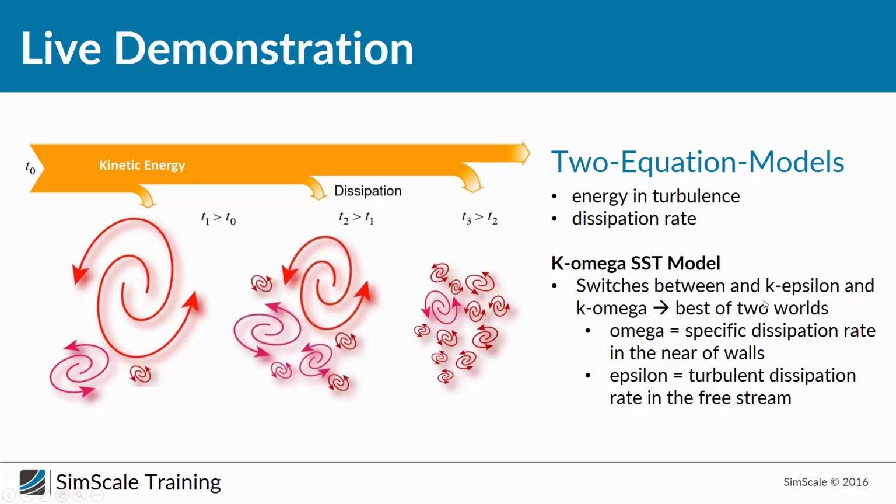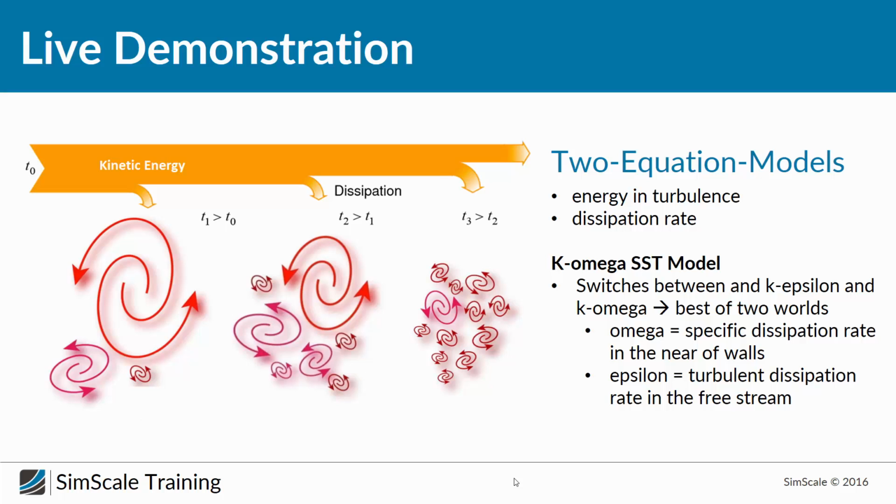And the difference between these models is the way dissipation is modeled. So K, that's the reason why both of them have K in the names. The turbulent kinetic energy is modeled the same way, but the K epsilon model is using a so-called turbulent dissipation rate, while the K omega model is using a so-called specific dissipation rate.